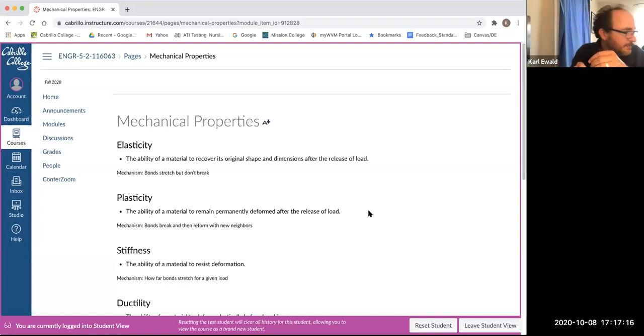But if I abuse the paper clip, in other words, if I take it and bend it too far, it holds that new shape, right? That's what we call plasticity. So materials can be both elastic and plastic. This is kind of a technical term. It doesn't just mean, oh, this is made out of plastic. Plasticity is the ability to take on a new shape.